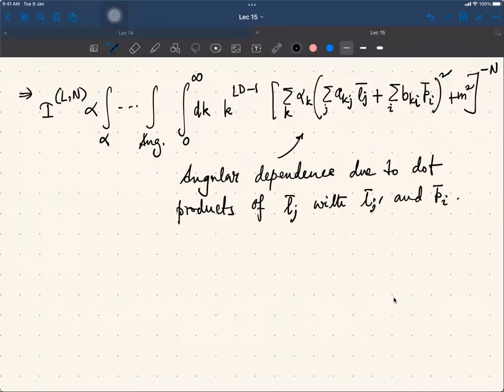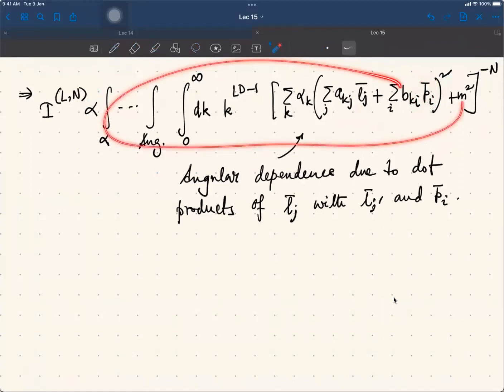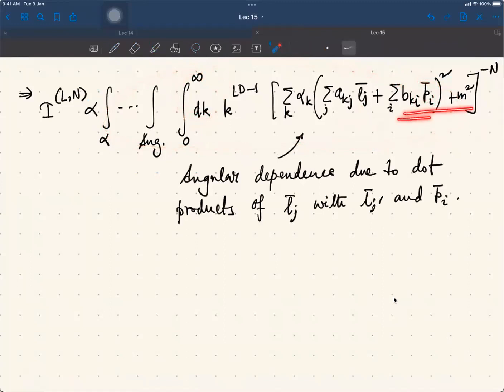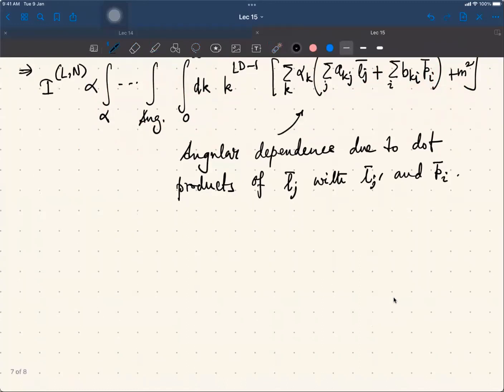Now, if we take k to be large, so there is this entire integral, if we take a region which is large value of k, then of course this dependence on p and m will drop out, because this contribution is so large that you can neglect them. So consider the region given by large k.